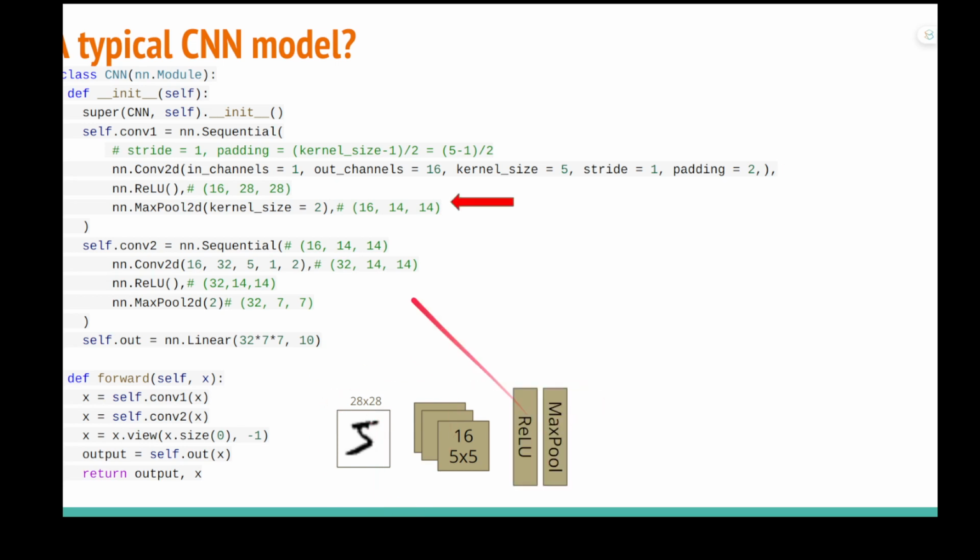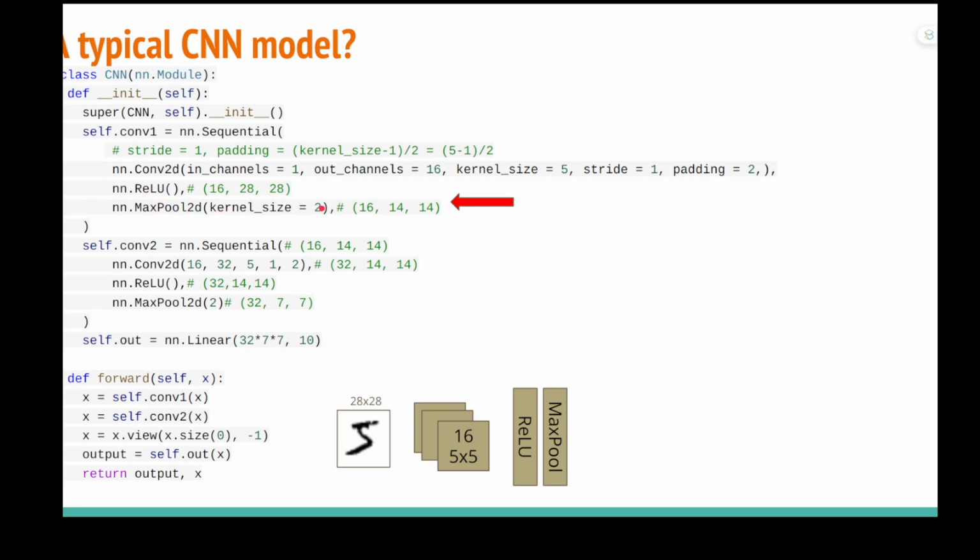And then we will use the ReLU and the max pooling here to handle the data. So the ReLU is just an activation function, which is used to add some nonlinearity into the model. Okay, so after the activation function, we will send the data through the pooling function to reduce the resolution.